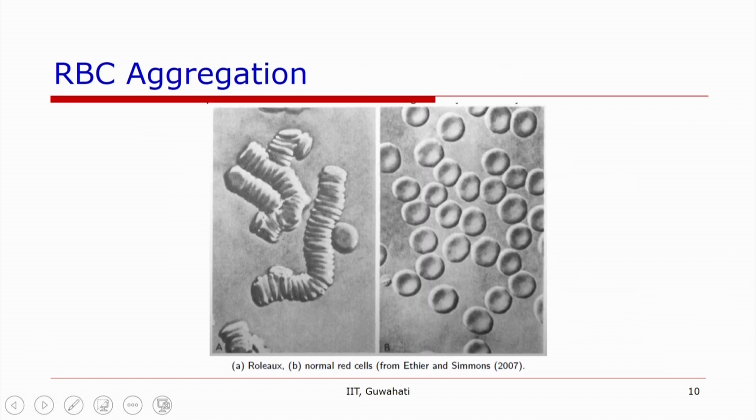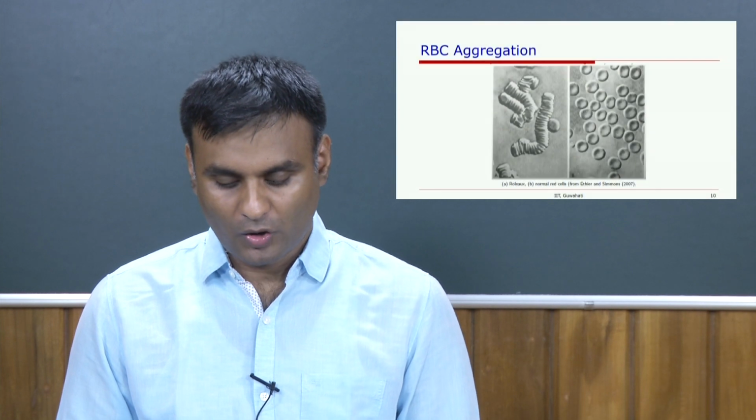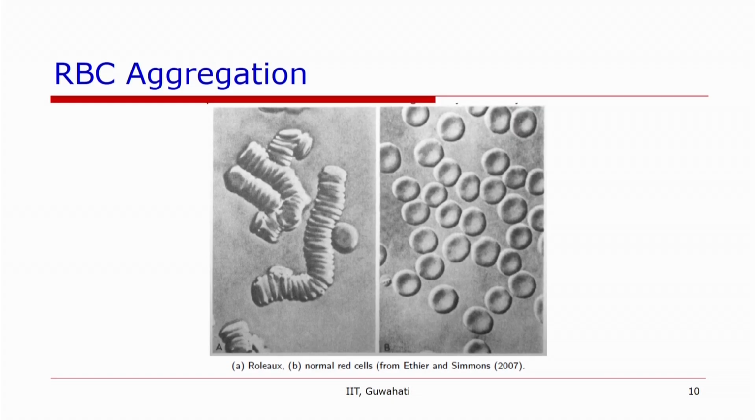Another property of red blood cells, which is rheologically very important, is called Fahraeus. It is the property of the red blood cells to combine and make stacks like that of coins, and this happens at low shear stress.